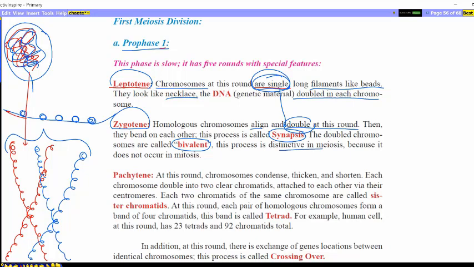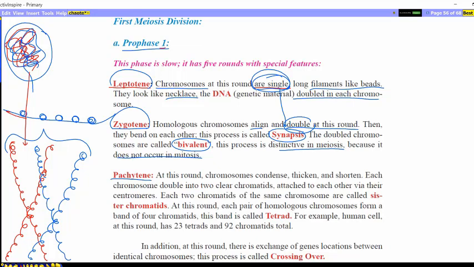This process is distinctive in meiosis because it does not occur in mitosis. There is no pairing of homologous chromosomes in mitosis. In the next phase, pachytene, at this stage chromosomes condense, and shortening and thickening increase. Each chromosome doubles into 2 clear chromatids.